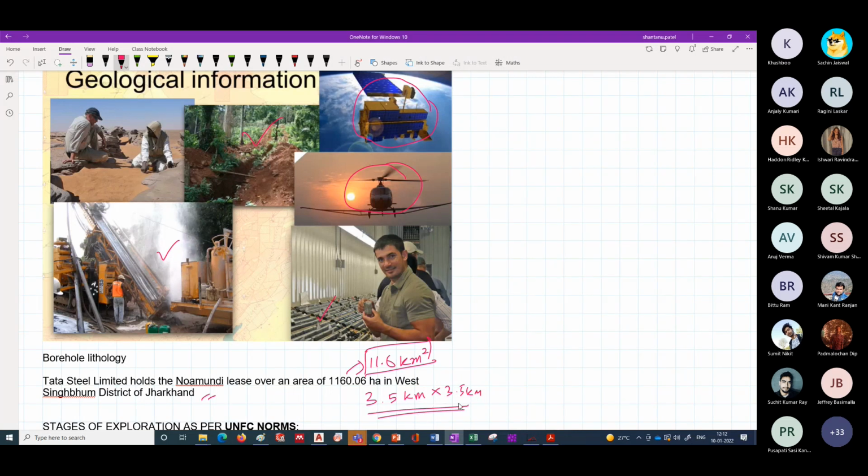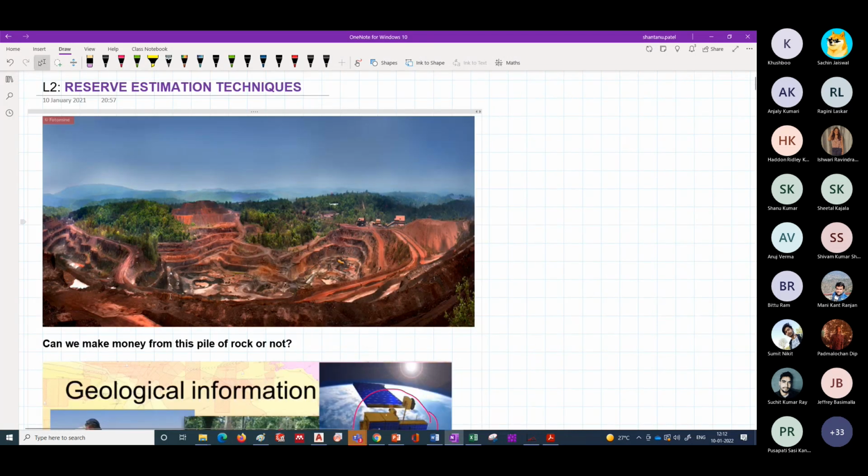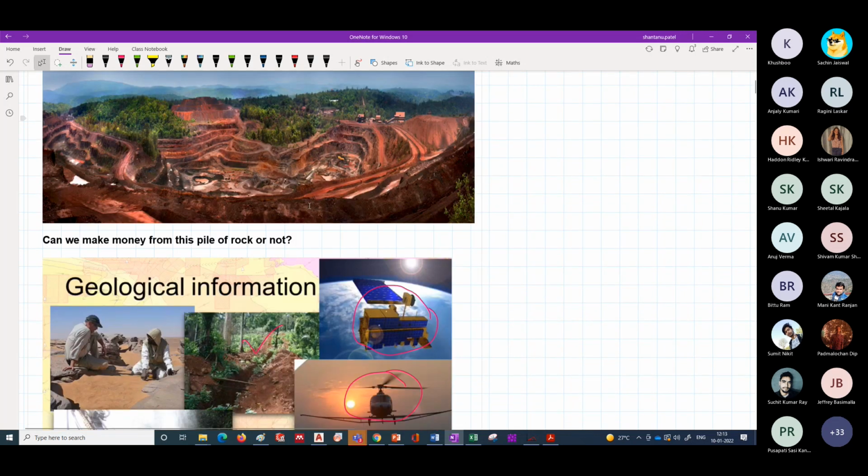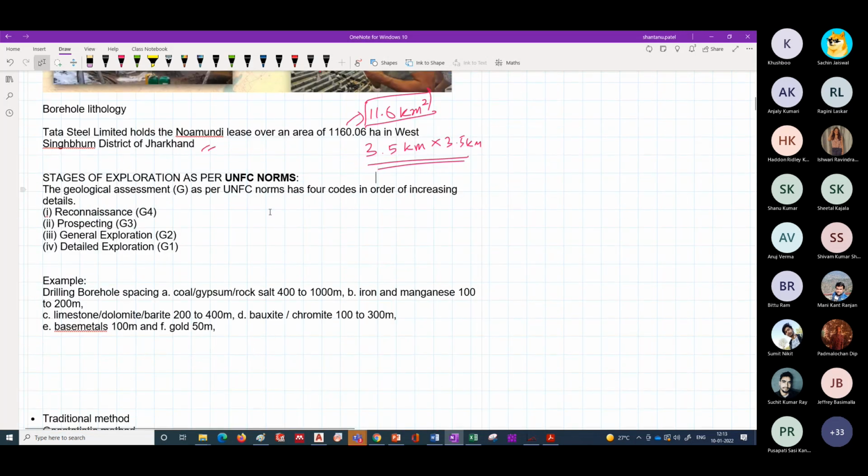We cannot scan this whole area at all points; this is not possible. So what we do is drill holes at some specified distance, and we have norms for that. We'll be talking about the UNFC norms, or maybe we talked about them in our metal mine class.